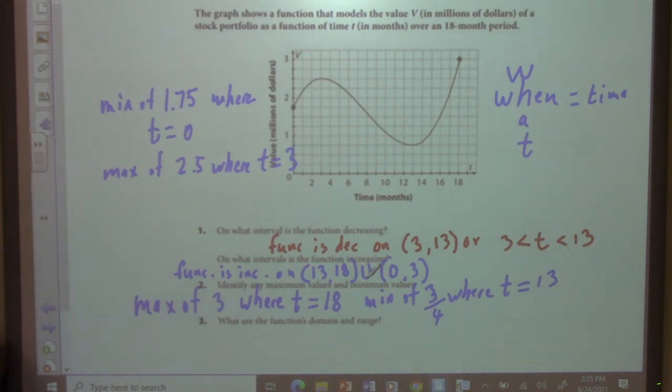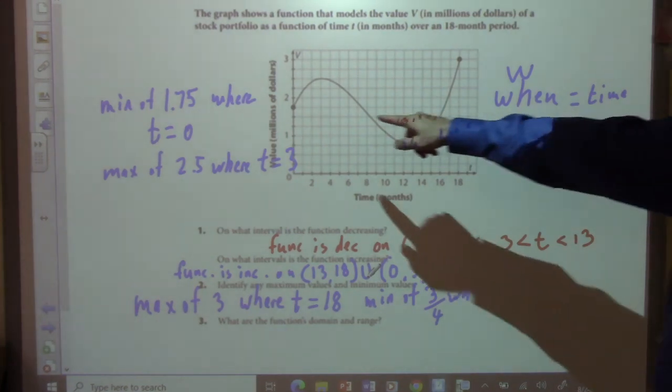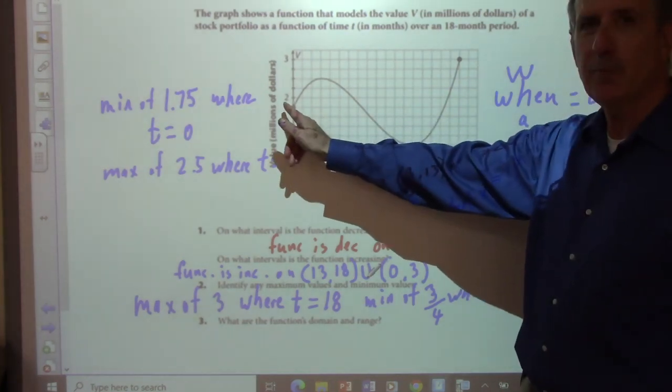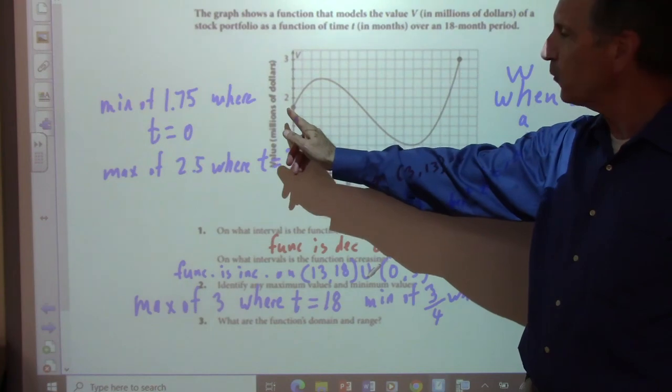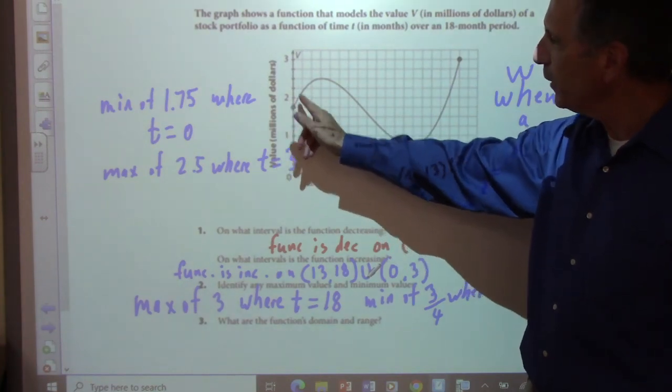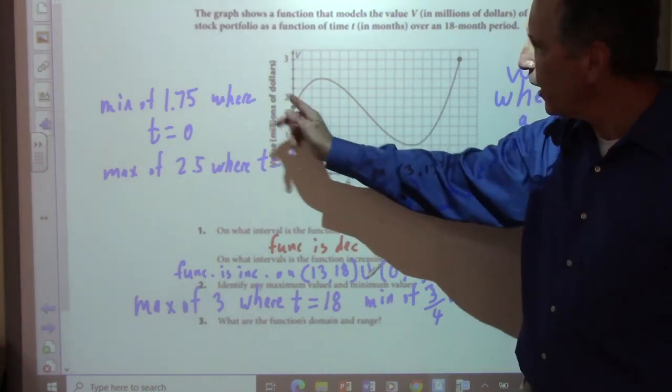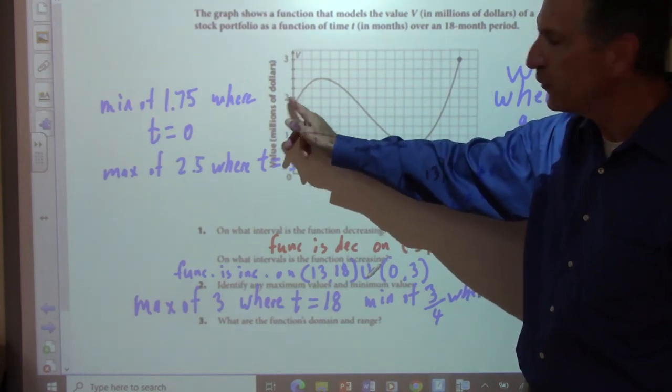I don't know who Emily's chosen yet, but Madeline still has a question about this. All right, so she's asking why is there a minimum of 1.75? Because of this right here, that's a minimum. It's not a turning point, it's a local minimum, because right here there's nothing to the left, but over here there's higher stuff, right?